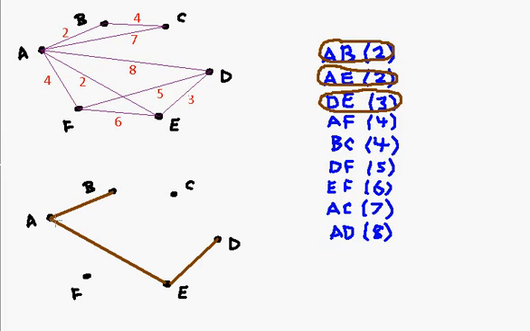Okay, I can just quickly check my graph here to see if there's no cycles, and I can see there won't be, so I will have AF. Next on my list is BC.